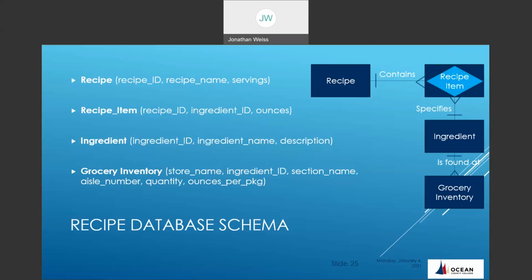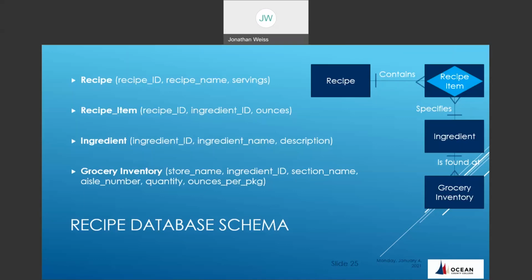The candidate key for this table, in order to uniquely identify any record in this table, we need both of those things, right? So that would be our candidate key for that table. That was good because that was tricky. That's a good answer. We need both of those things to uniquely identify an entry in recipe item.